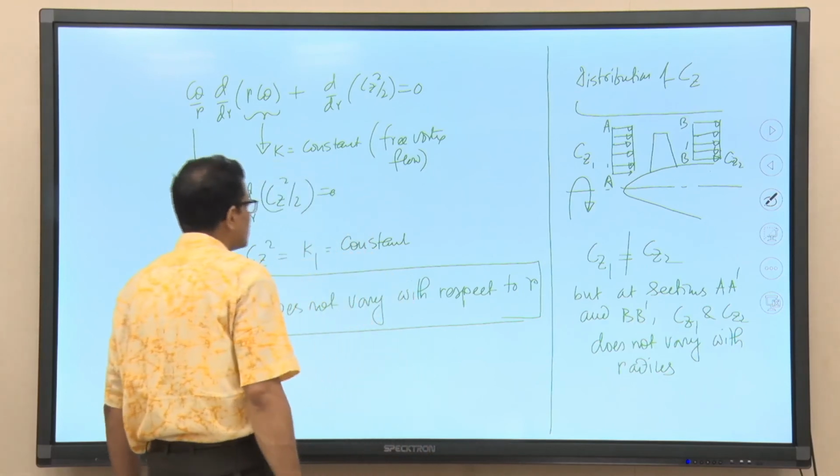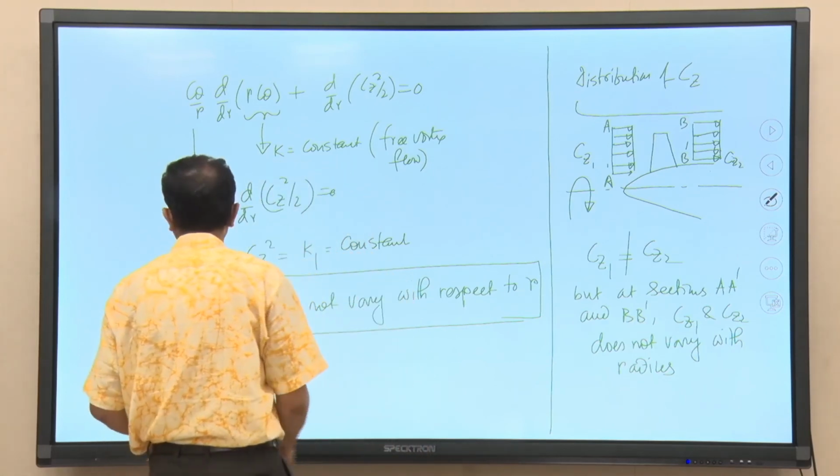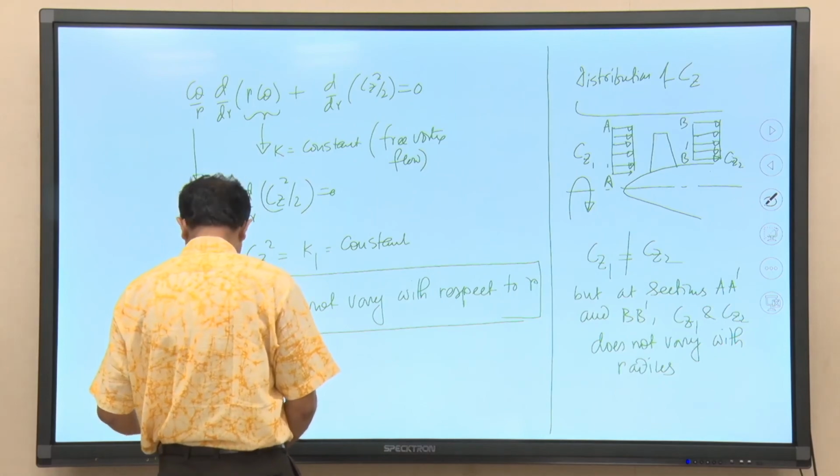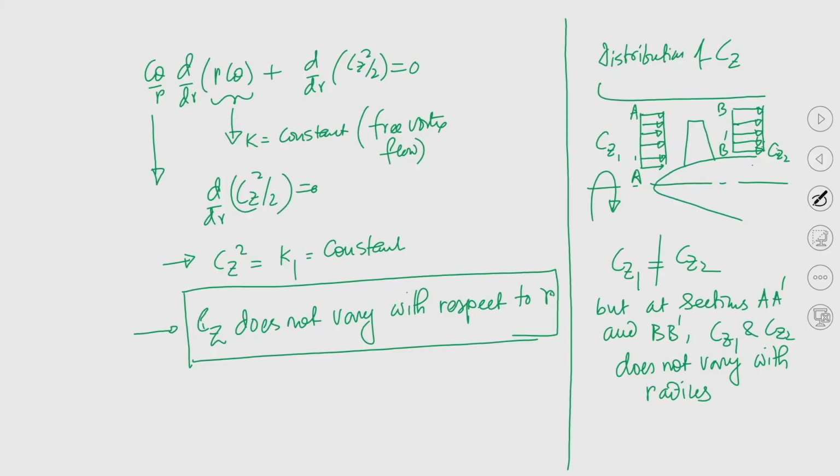Now, this is the distribution of C z, and if we try to draw the distribution of C theta, what will it be? You can understand it if we write in the next slide. So, the distribution of C theta: we know that r C theta equals k, so this is free vortex flow. So, C theta will be equal to k by r, right.